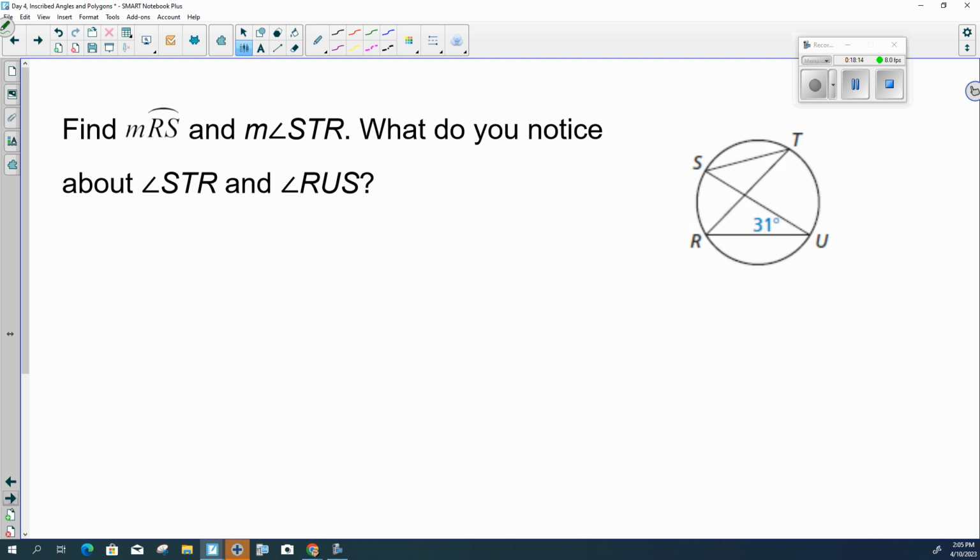Unless you really want to. I don't know. I think the example on here is good. All right, so here's this picture. They want us to find the measure of arc RS. So think in your mind what you think it is. Don't say it out loud. Sarah, how would you find that?